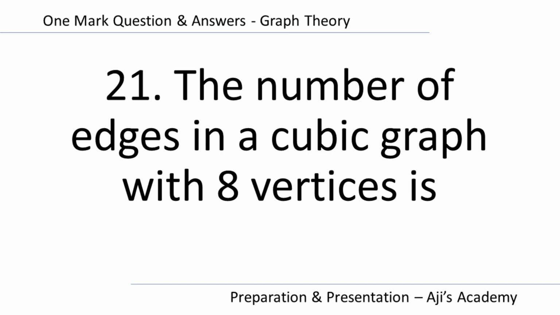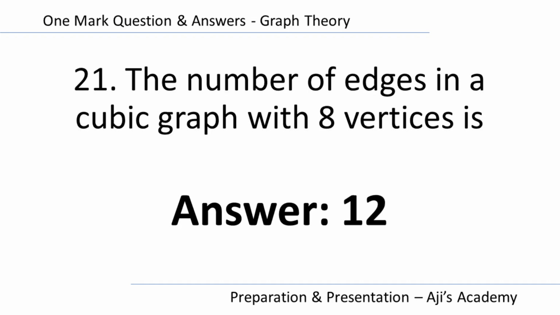So the sum of degrees of this cubic graph is 8 into 3, that is 24. We know one theorem that the sum of degrees of a graph is equal to twice the number of lines. So twice the number of lines is 24. Thus the number of lines in this graph is 24 by 2, that is equal to 12, is the answer.